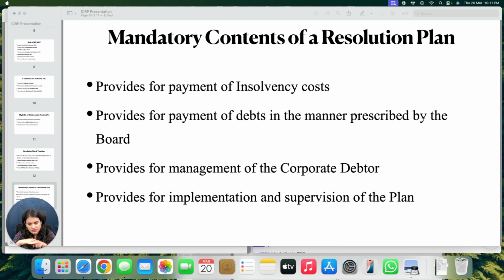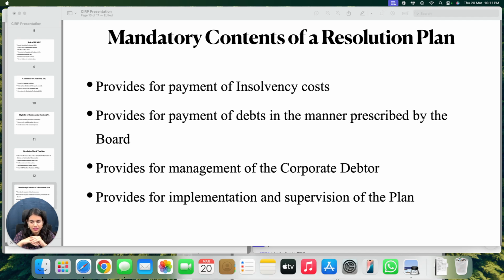So taking that as a base, and if that minimum amount is realized, then under the waterfall mechanism, section 53, which we will get to in the subsequent lectures, the amount that will be realized under section 53 towards operational creditors will be the minimum amount that they are going to receive even under a resolution plan.